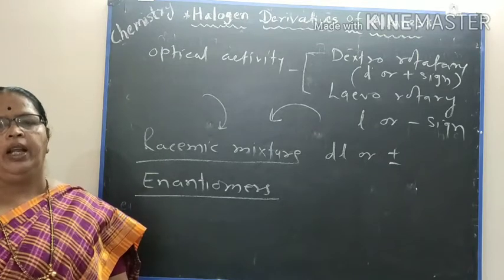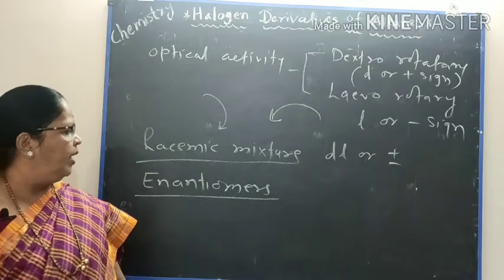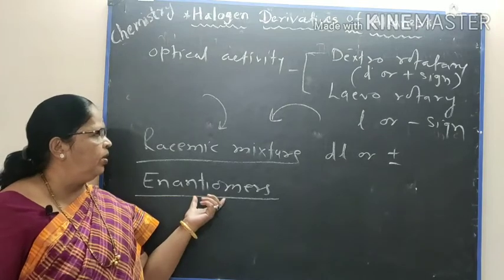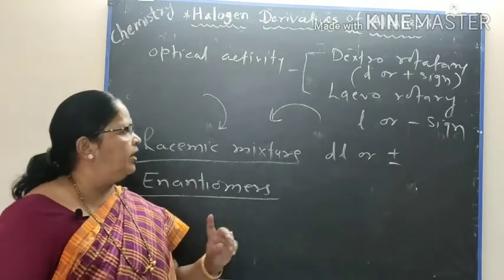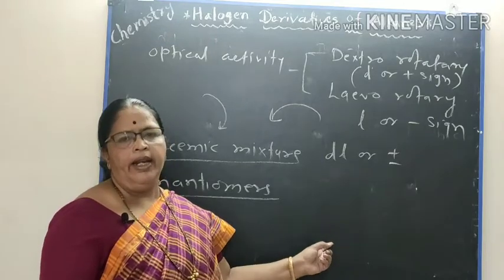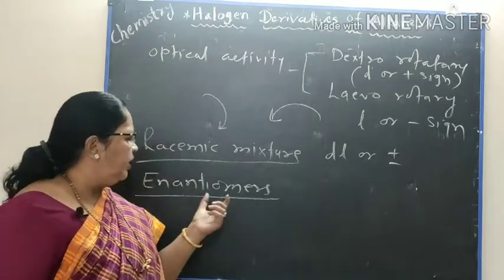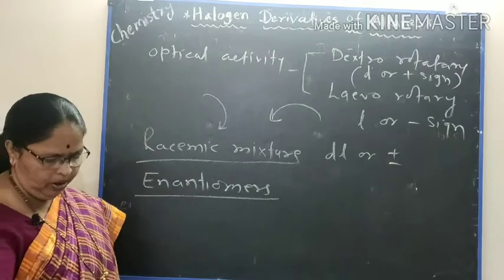Mainly it is considered as a mixture of two types, the dextro form and levo form, that is called enantiomers.